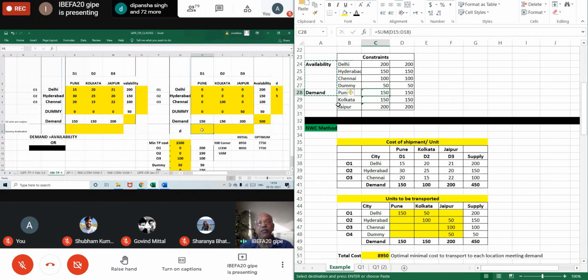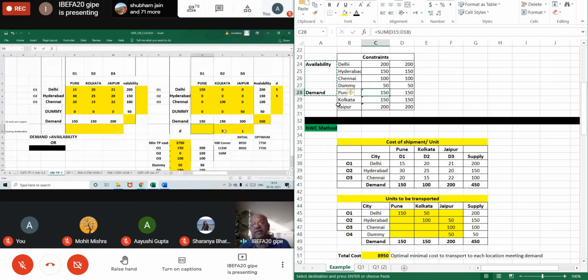What is the difference for Pune now? 15, sir. Yes, 15. And the next 5, and the next 1. So which is the highest? 15. In that direction, these are the 2. Which is the minimum? Pune is the minimum. How many can you give? 150 from Delhi.